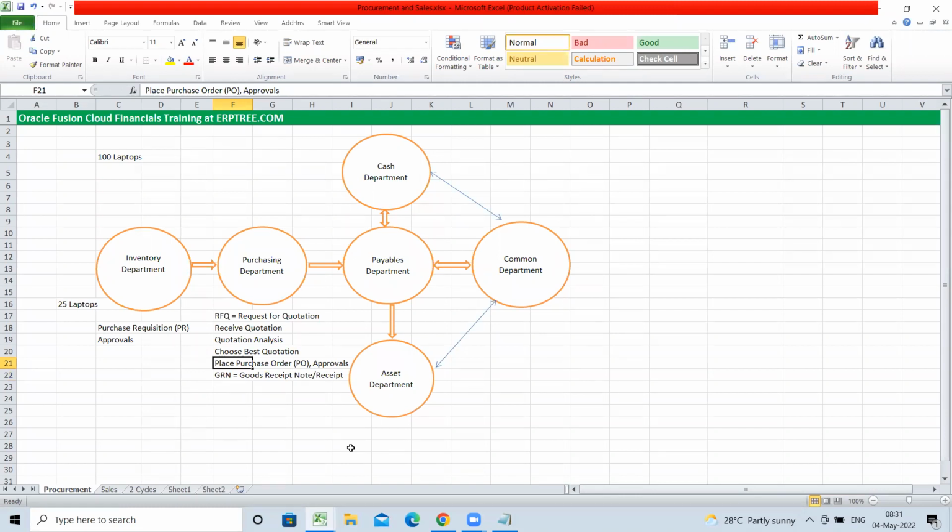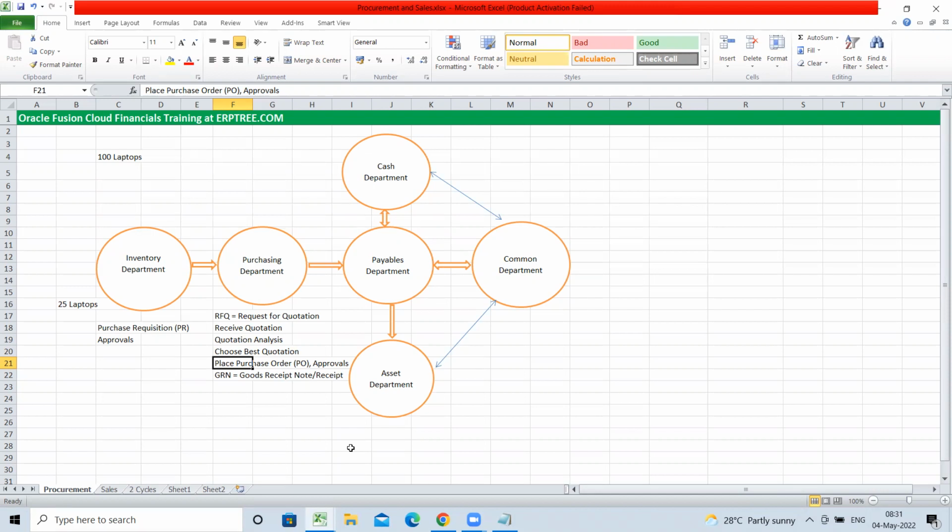We have to include which supplier we are placing the purchase order to, what item we require, which is laptop, how much quantity we require, 75, and when we require it, at what price, and to where the supplier has to supply that item. Everything we have to include in the purchase order.